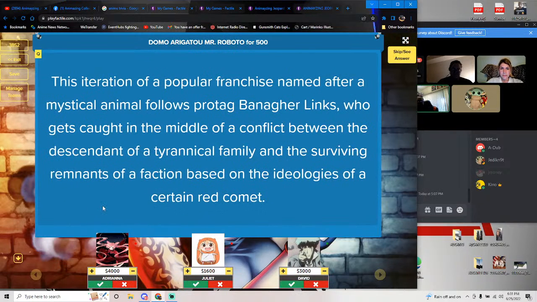This iteration of a popular franchise named after a mystical animal follows protagonist Banagher Lynx, who gets caught in the middle of a conflict between the descendant of a tyrannical family and the surviving remnants of a faction based off the ideologies of a certain red comet, who likes his food extra burnt, almost charred, if you will.